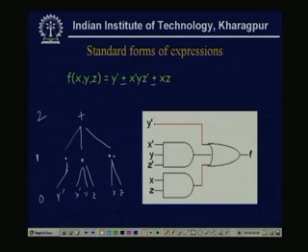These ANDs are at the first level. See here, only one literal y dash is there, 3 literals are there, 2 literals are there.